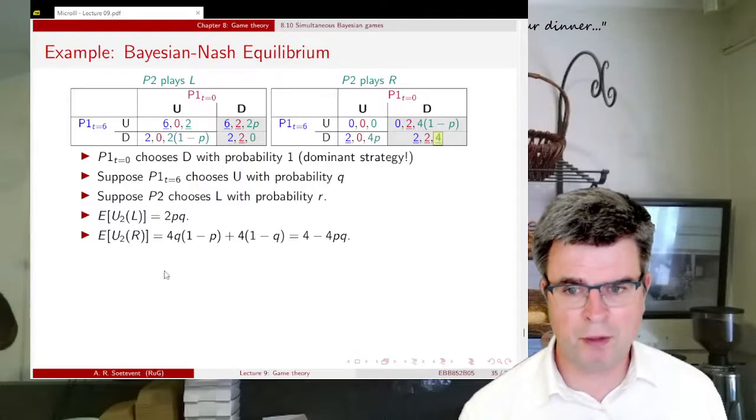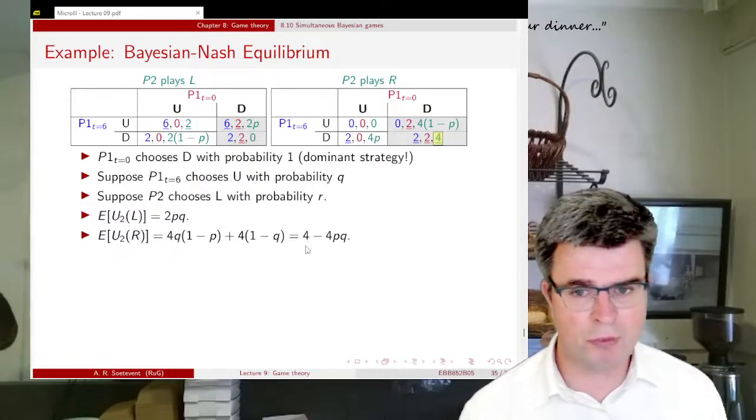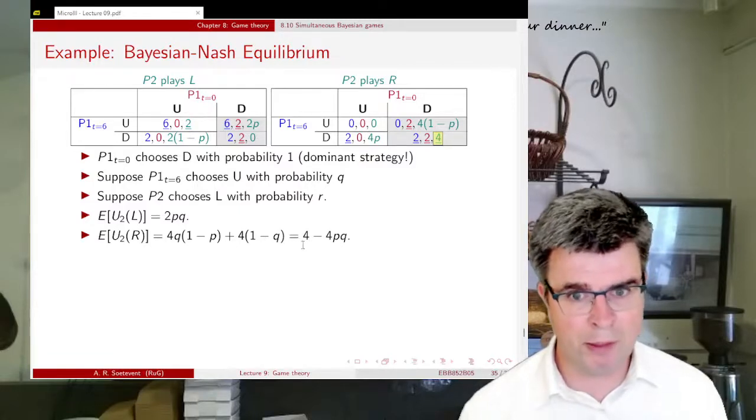So the expected payoff of player 2 of playing right is, well, if we simplify, 4 minus 4pq.